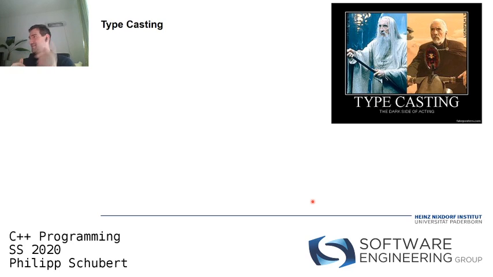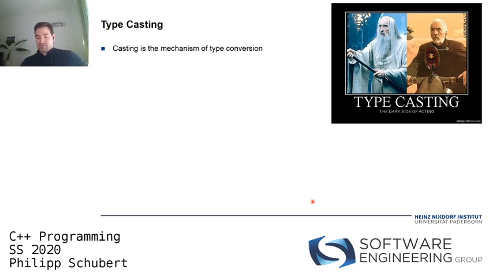And here on this example we have the same actor, but in different roles. So he is semantically different in his roles in those two movies. What is it? Lord of the Rings and Star Wars, I believe, right? Okay, so casting is the mechanism of type conversion.